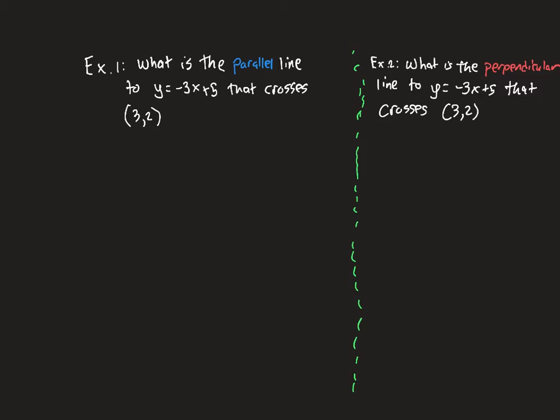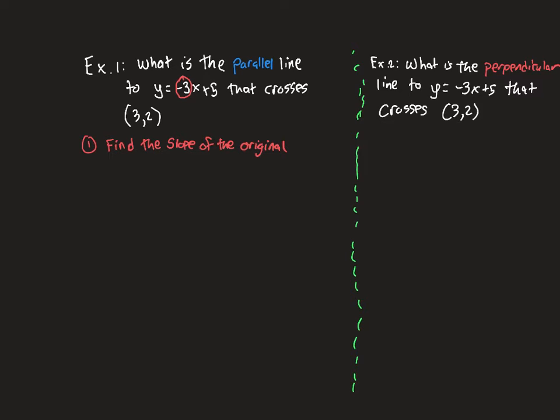So the first step is we need to find the slope of the original. Well, in this case, that's very easy because my slope of the original is -3, and I can see it right away.